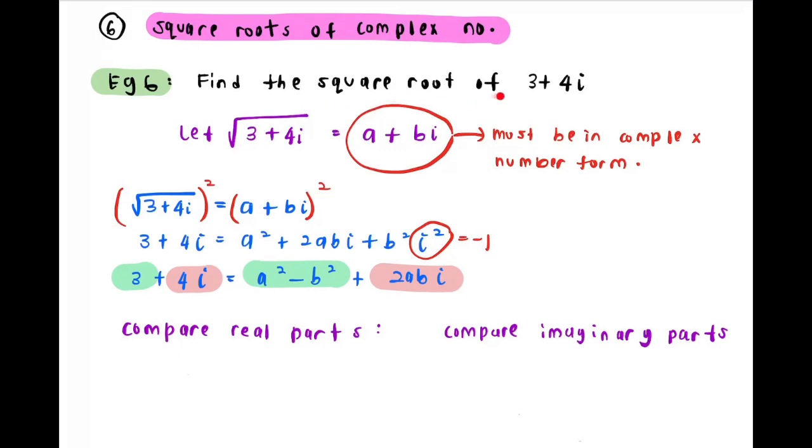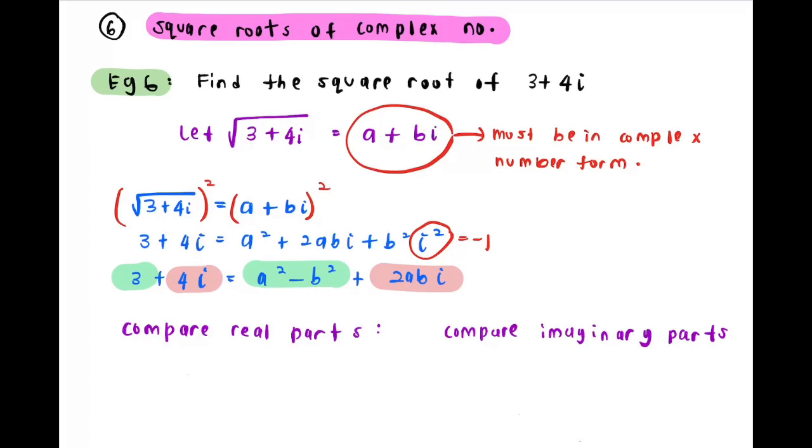Find the square root of 3 plus 4i. To answer this, let's write the question, square root of 3 plus 4i, and equate it straight away to a plus bi, because for our final answer we want to write it in standard form. Since you have a radical here, you can take the power of 2 to solve it.